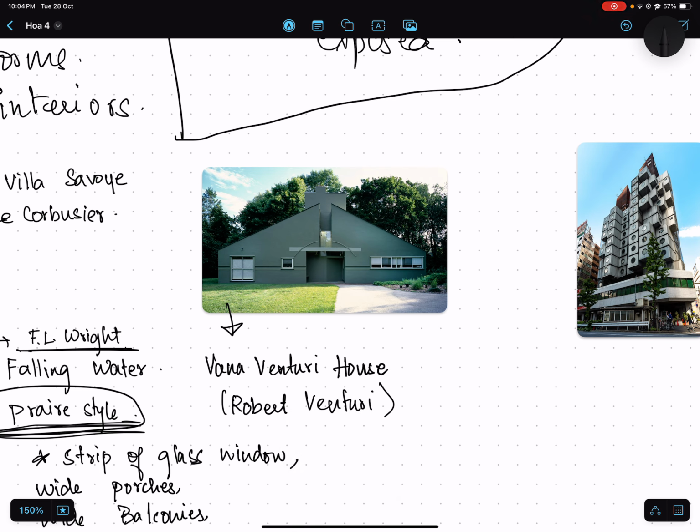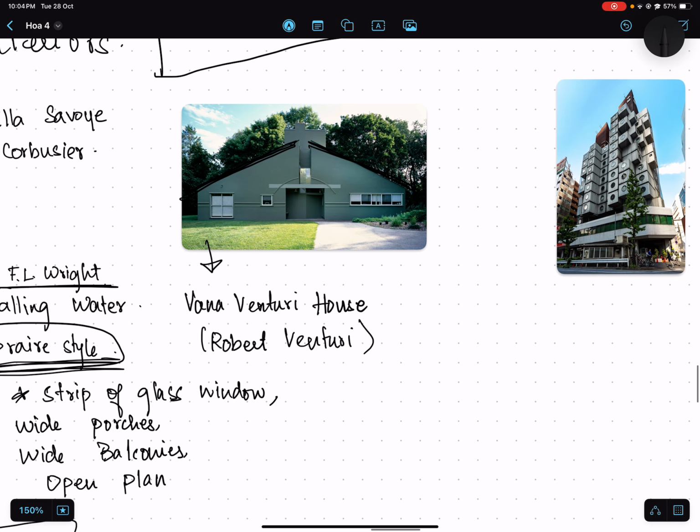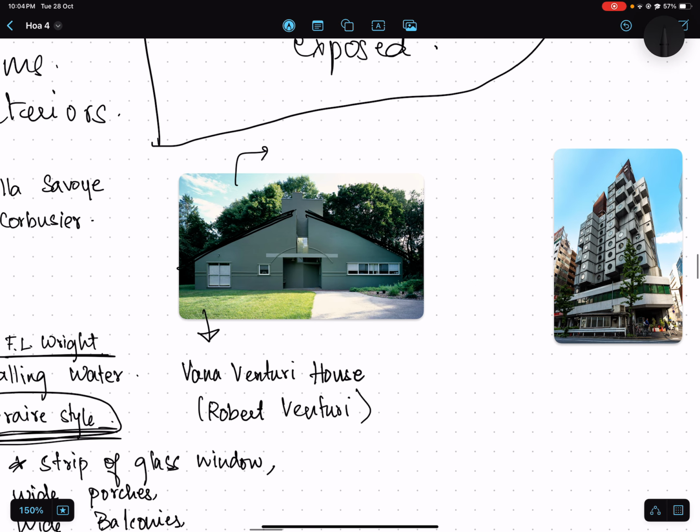And this house was so iconic, mostly because he used a gable roof, because in modernism a lot of structures were just flat roofed, and since he involved elements from an era that belonged before modernism, like the gable roof, this house was given the name of the first postmodern building.